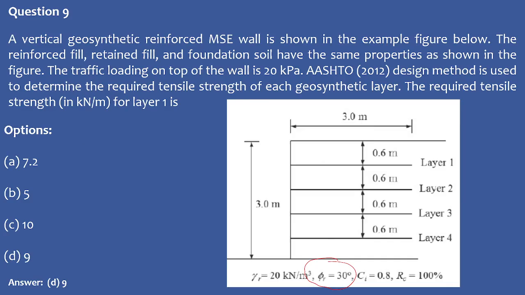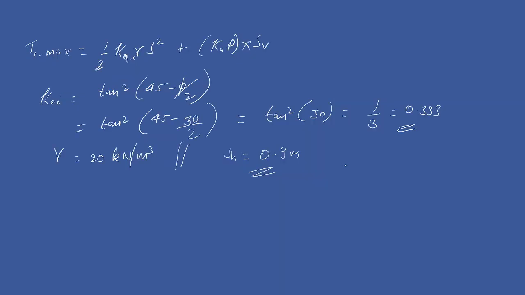So layer 1 will basically be resisting the force for the whole 0.6 meter depth of soil and the 0.3 meter depth of soil below it. So we have the tributary depth as 0.9 meter.